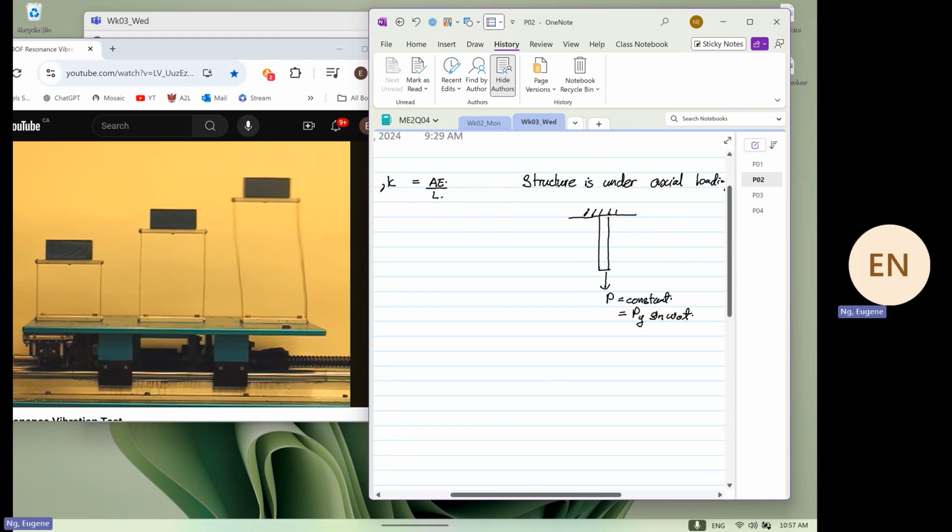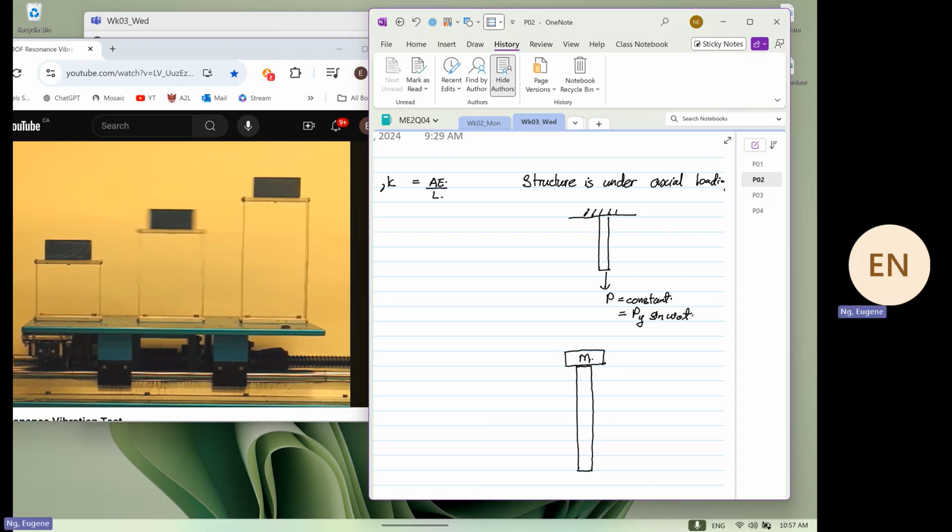So I'll sketch down here. So again, this is our beam. And then on top over here, we have our mass. Can the beam move up and down?